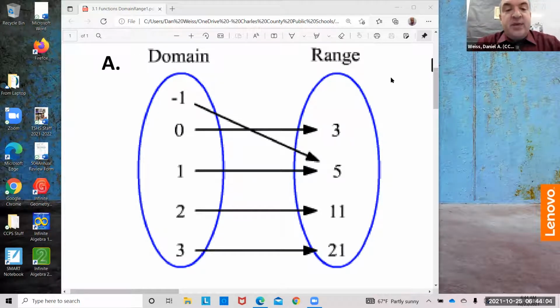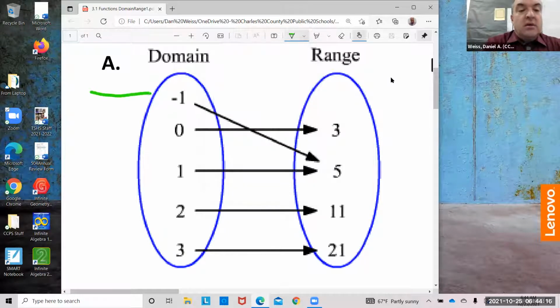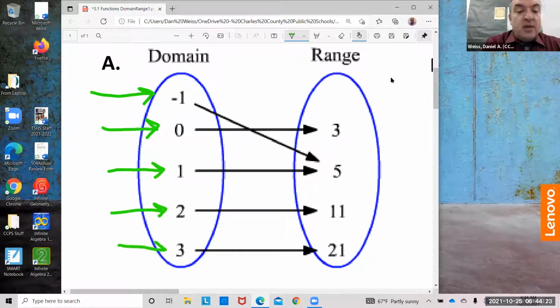Here's an example. All right. All these x values just occur one time. So in other words, if x is -1, y is going to be 5. If x is 0, y is going to be 3.